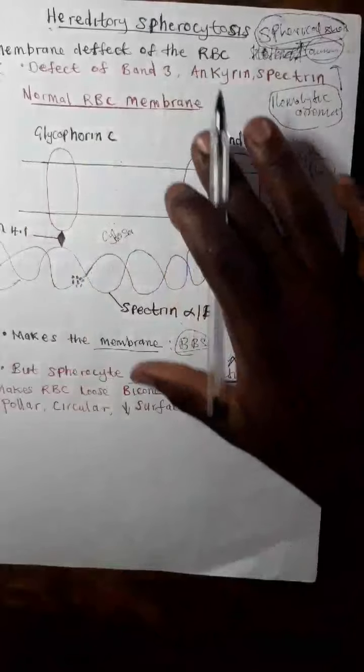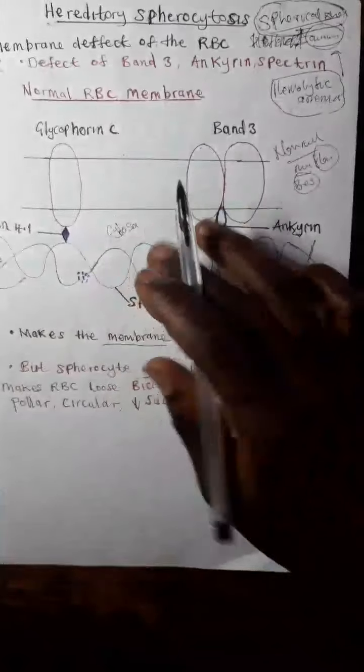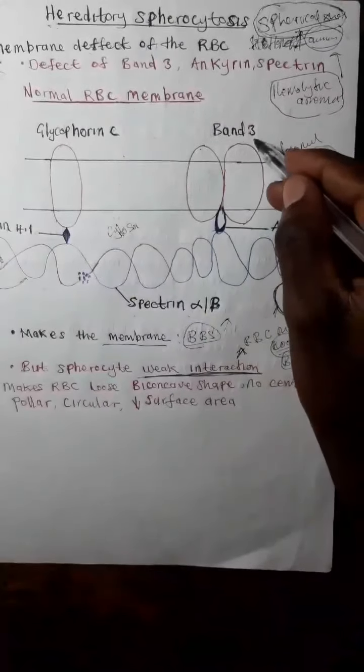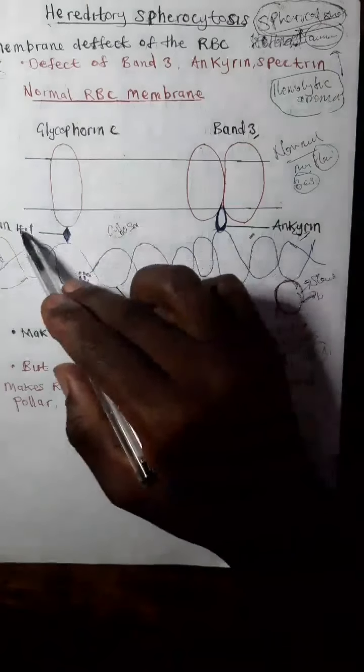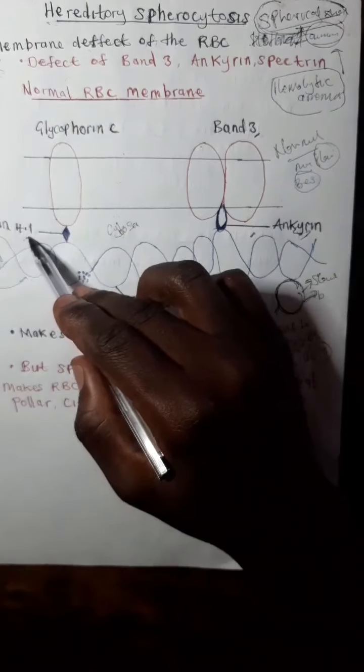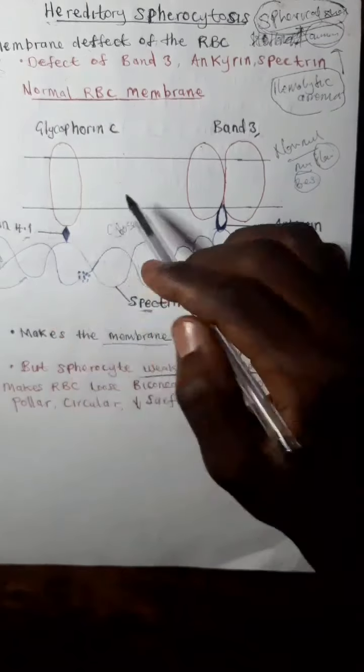So this is the normal membrane structure. In a situation where there is a defect in band 3, a defect in ankyrin, and also a defect in spectrin or protein 4.1, this can lead to weak interaction.